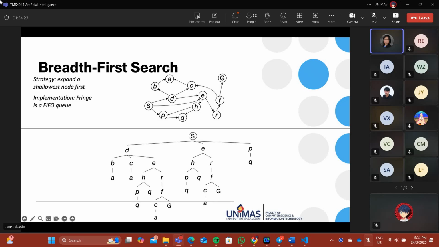So it expands the shallowest node first, and when it creates the fringe, it will use a first in first out queue. So when you code this, you will be using a queue.